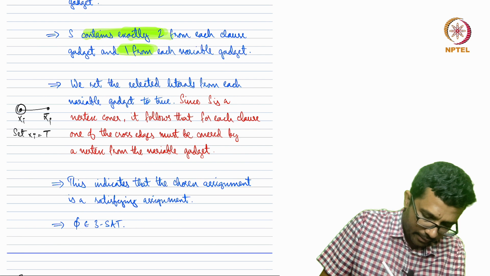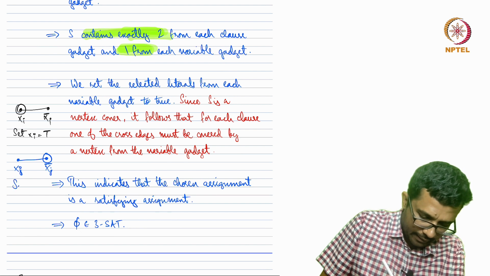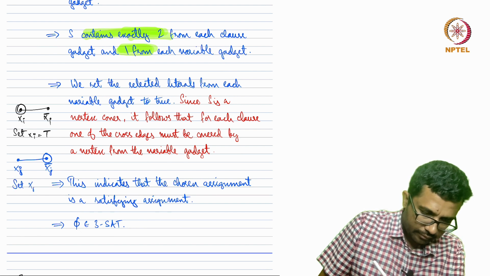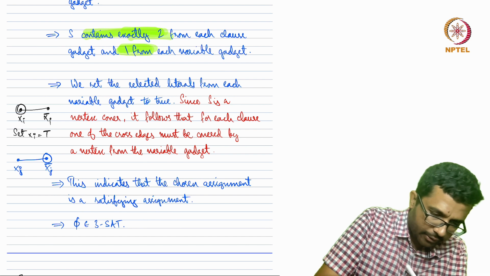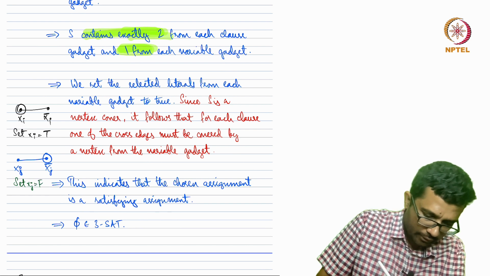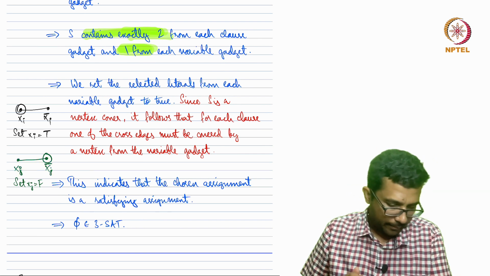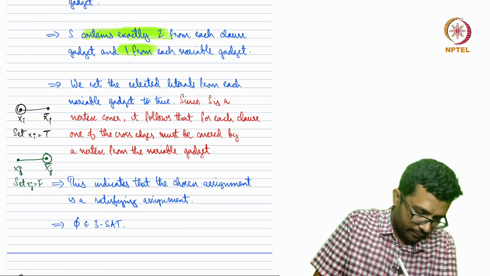Now suppose some other, let's say xj complement is picked, then here we set xj to false.